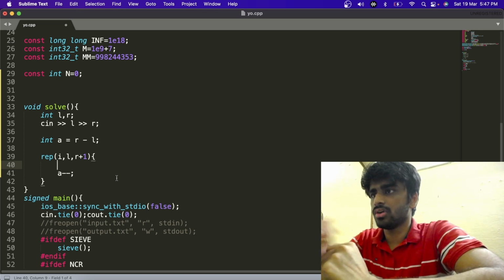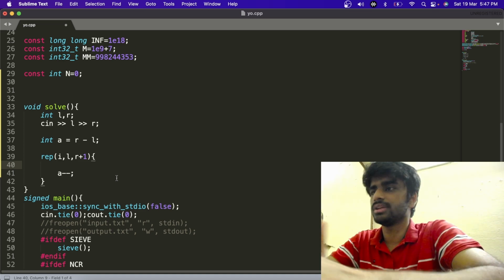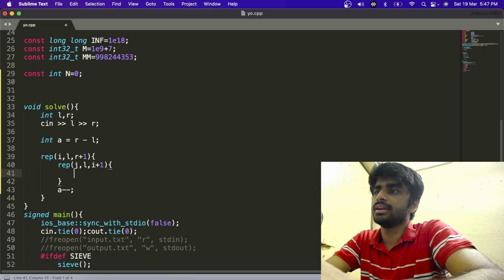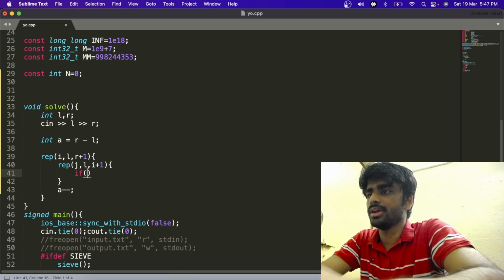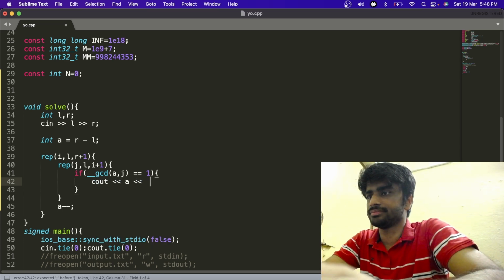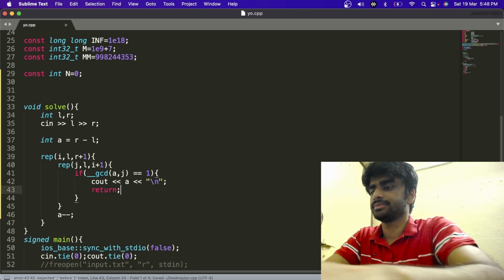Okay. Now I want to check if this A is co-prime with at least one of the numbers that we have encountered. So let's iterate on those numbers from L till I. And if at least one of them is co-prime, so if the GCD of A and the number equals 1, that means our answer can be A. That's it.